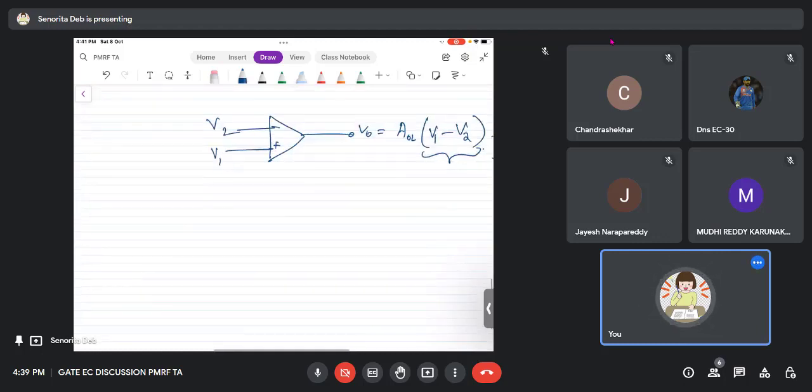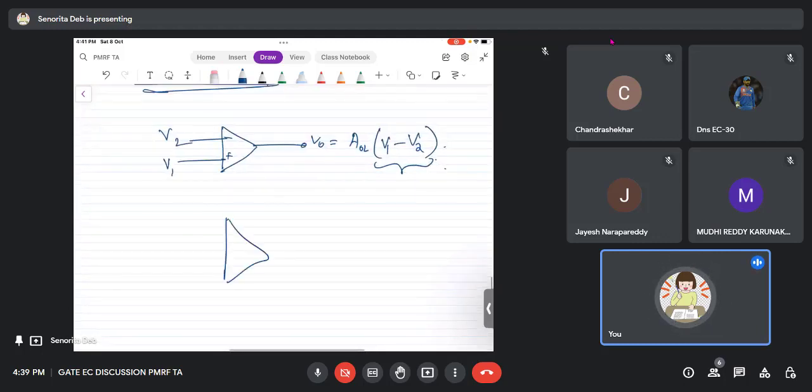Now suppose I connect the op amp like this, and here I apply V1 and I'm applying V0. What I'm doing is taking the output and subtracting it from the input, and that again, amplified, gives me the output. So basically I'm taking the error and trying to minimize it.